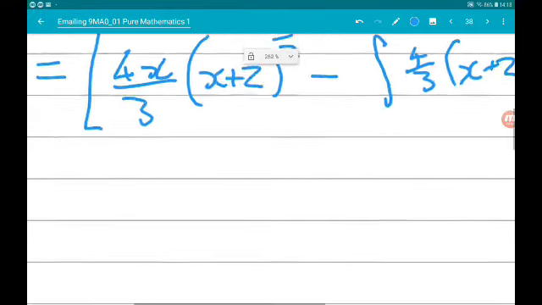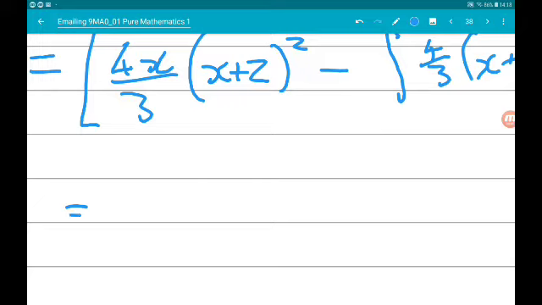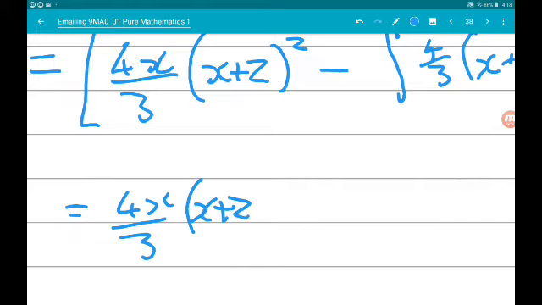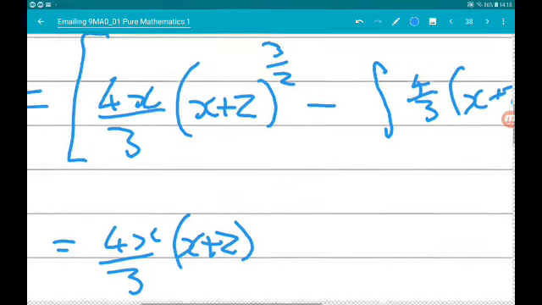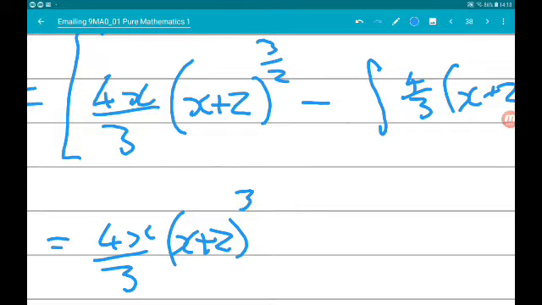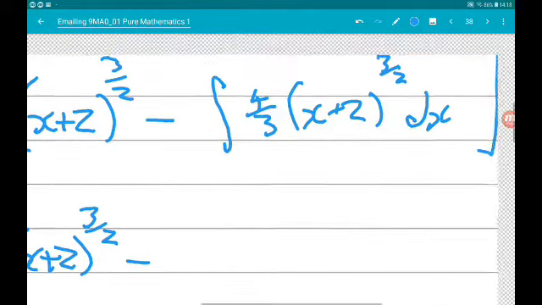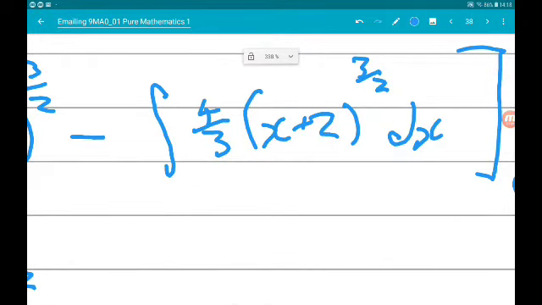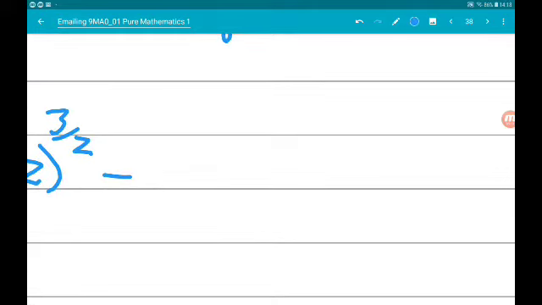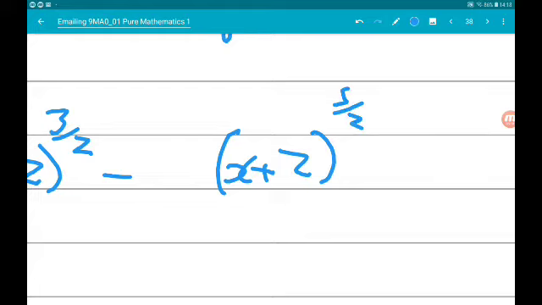So we're going to get 4x over 3 times x add 2 to the 3/2, and I'm going to get minus. Okay, so again, the bracket just integrates nicely. So it's going to go up to a power of 5 halves, and then it's going to get divided by 5 halves.